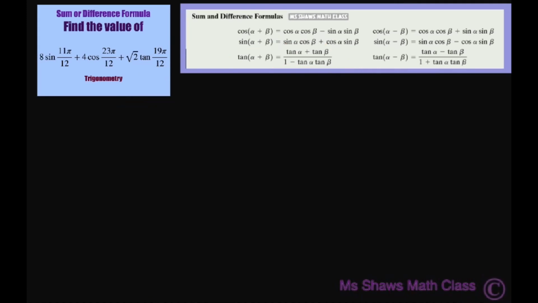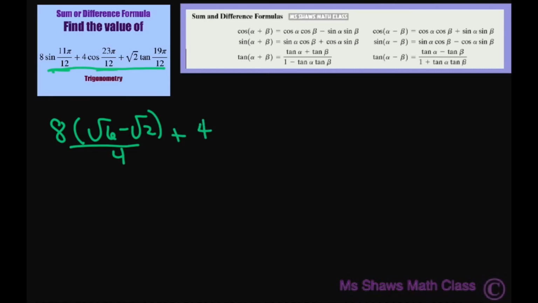So let's do that. We have 8 times, now for this one, we had square root of 6 minus square root of 2, all divided by 4. For this one, we write your 4, and then we had square root of 2 plus square root of 6 divided by 4.